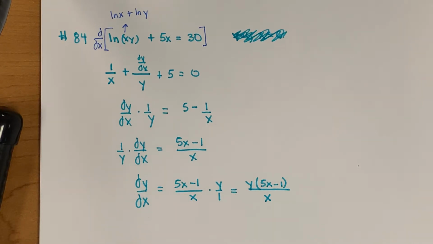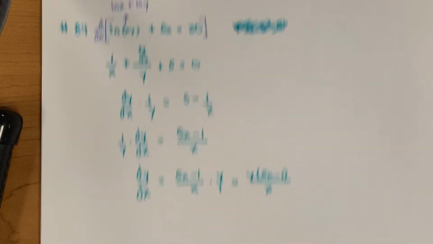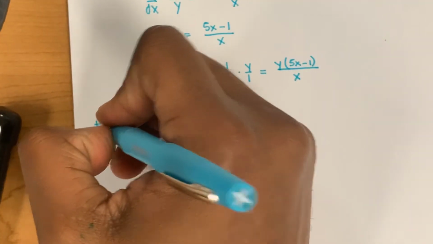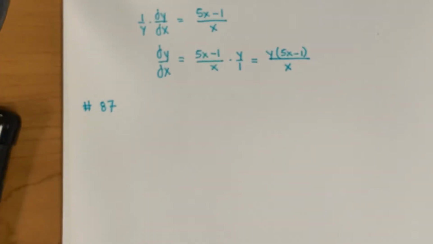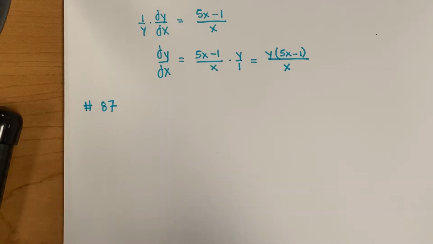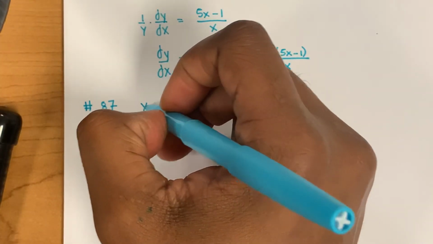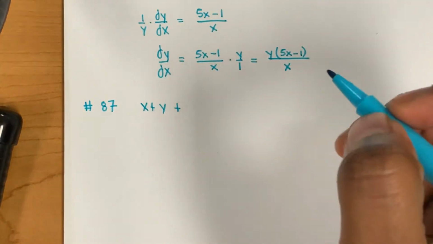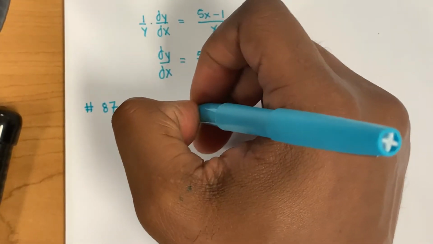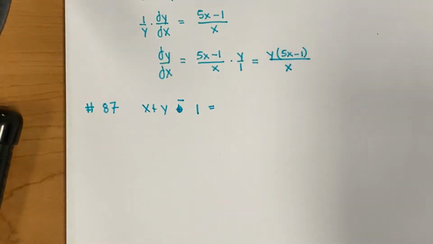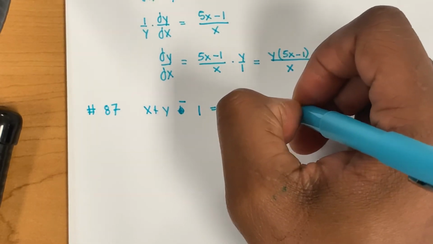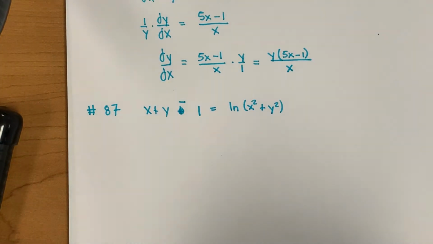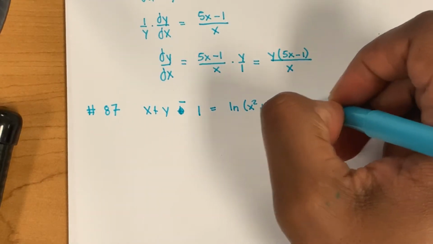Do we have a last example where we can use implicit differentiation to find the equation of the tangent line? Sure. It is problem number 87. So in this, the final problem that I said was the final problem in the previous step, we have x plus y minus 1 equals the ln of x squared plus y squared.